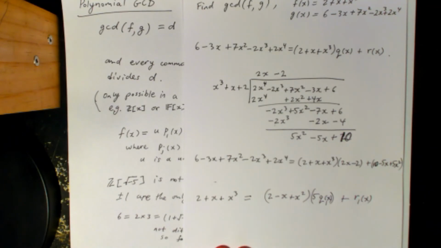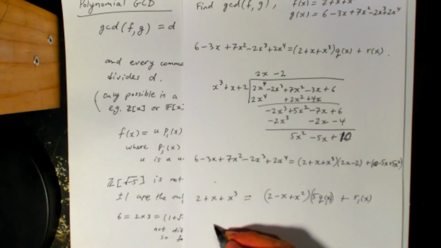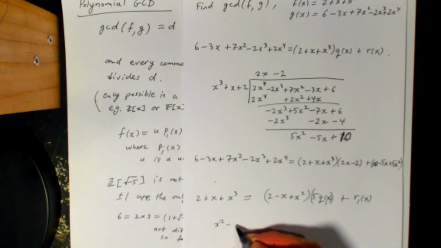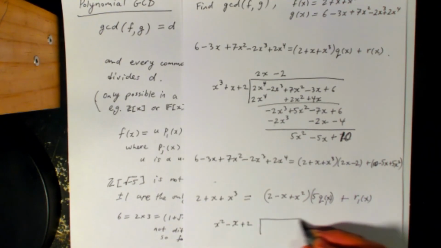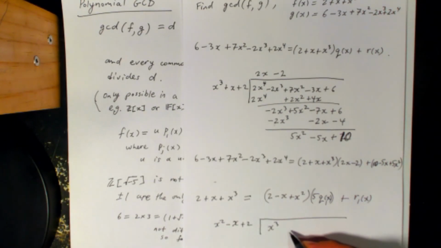Okay, good. Now what I want to do, because if I do a long division here, I've got this 5 in the way, so I really want to do the long division with these two. So the way I set this out now is I put x squared minus x plus 2, and then I put x cubed plus x plus 2 there.